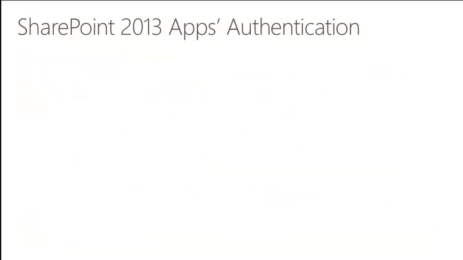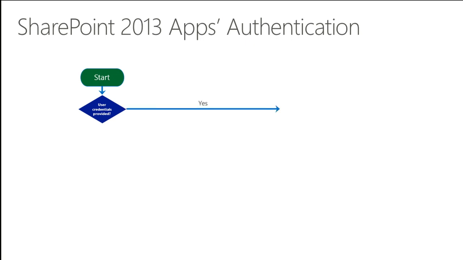So, to show you a flow, to make it more clear, let's imagine that we have to authenticate a request. First of all, SharePoint checks if the request has user credentials inside it or not, a SAML token inside or not. If we have a SAML token, the second check is: is the endpoint outside an app web or not?